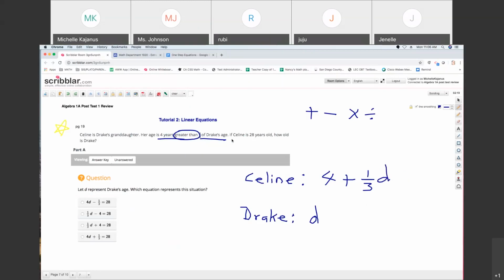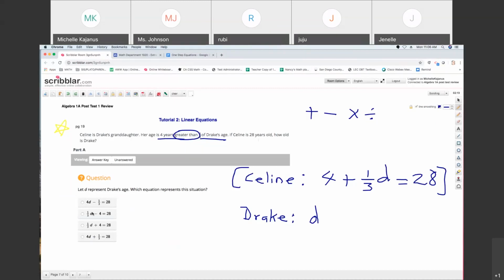Okay, and then it says if Celine is 28 years old, so they're already telling you how old Celine is. She's equal to 28 years old. How old is Drake? Okay, so we have the first equation: 4 plus 1/3 D equals 28.